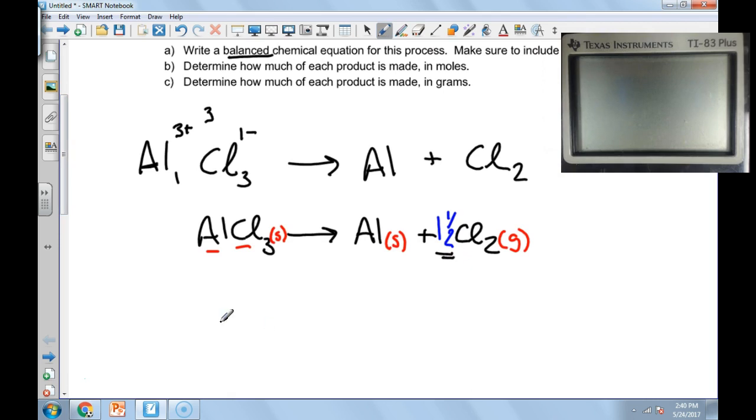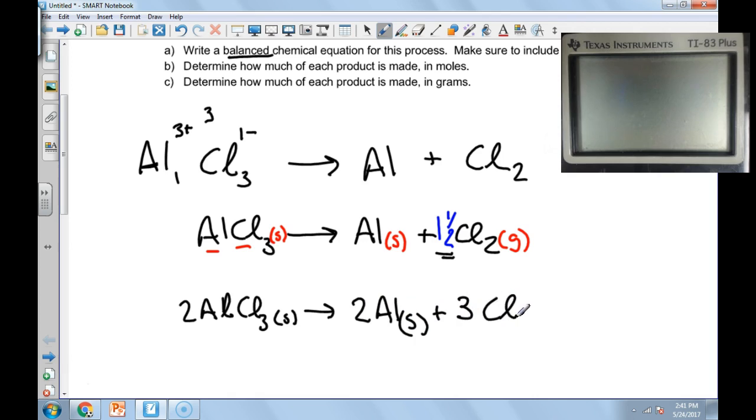So we get 2AlCl3 solid reacts to form 2Al solid plus 3Cl2 gas. And that's the first one done.